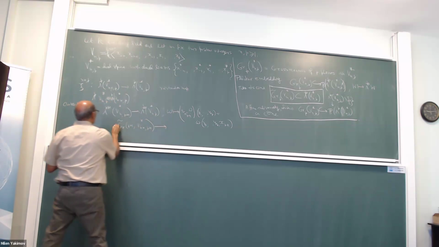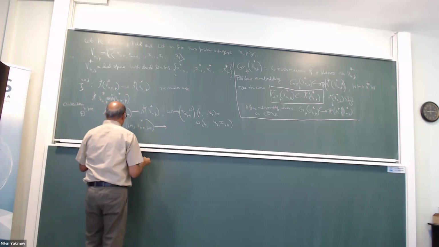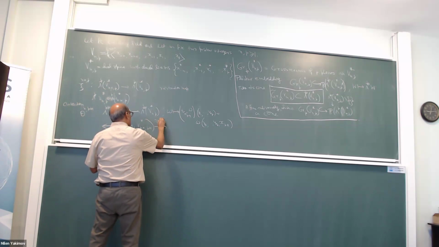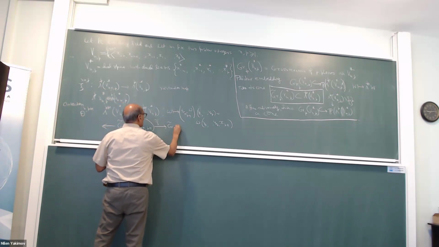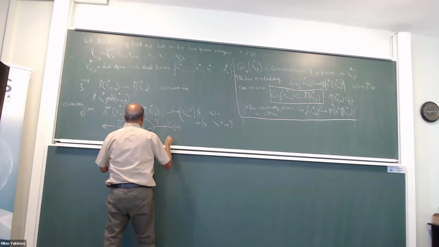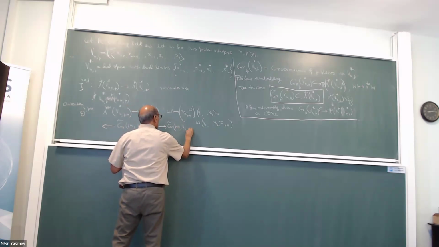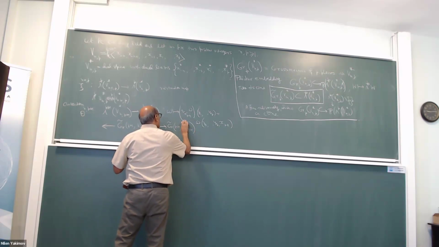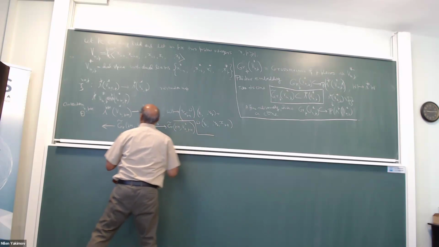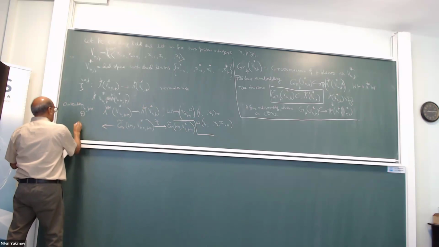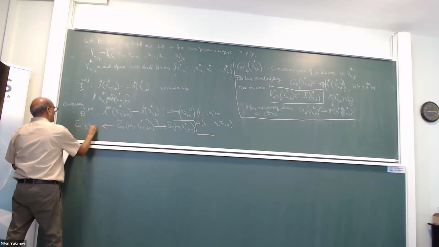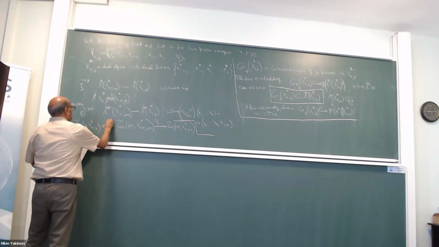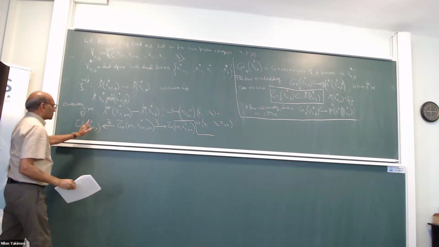two maps. And I just want to be a bit consistent with my notation. And the other map, which takes n plus 1, p to n, p.